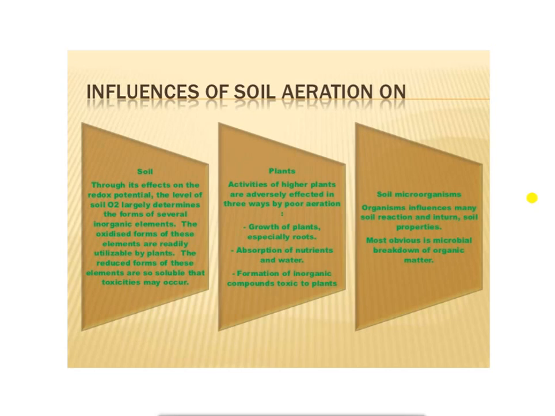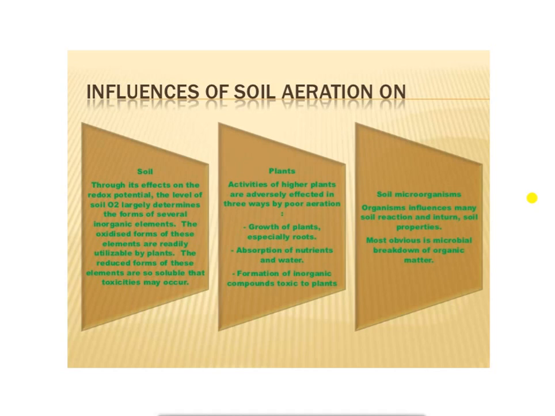The factors which influence soil aeration affect the redox potential and the levels of oxygen, which largely determine the forms of several inorganic nutrients or elements which get oxidized. These elements are readily utilized in land.